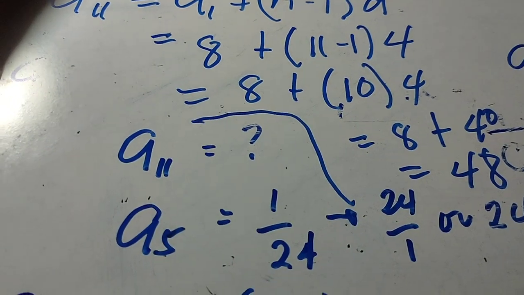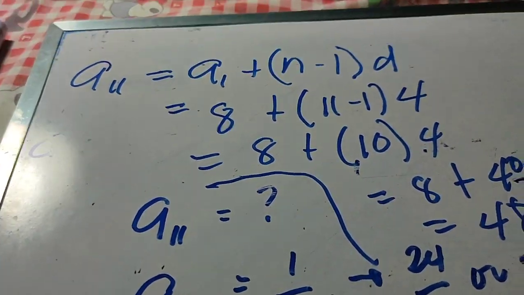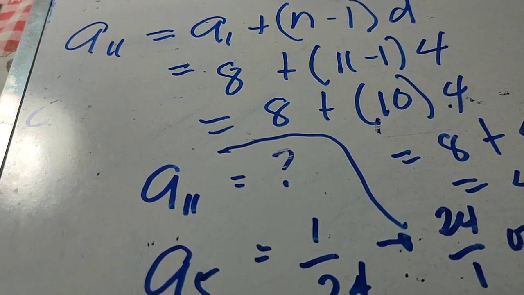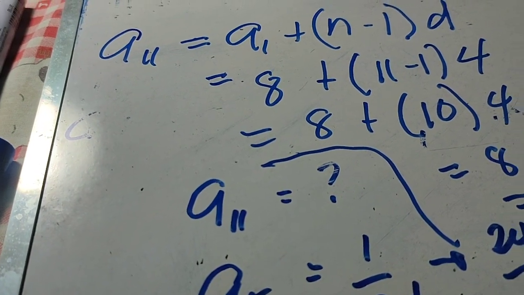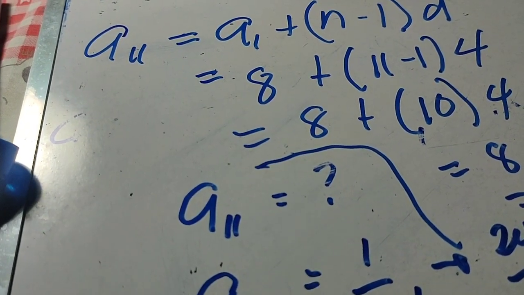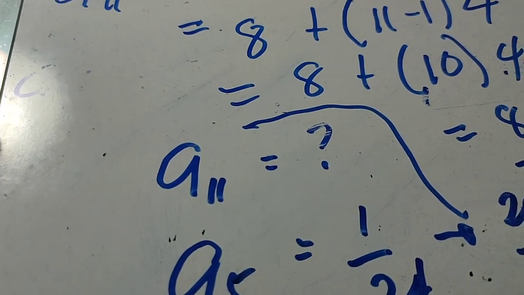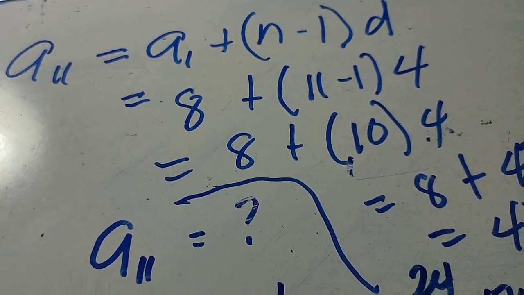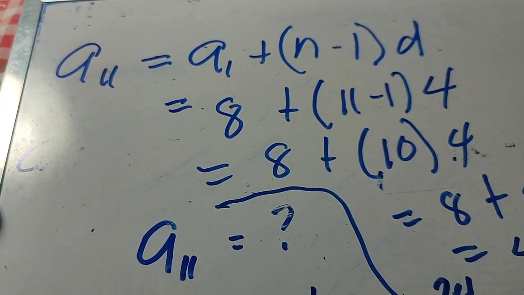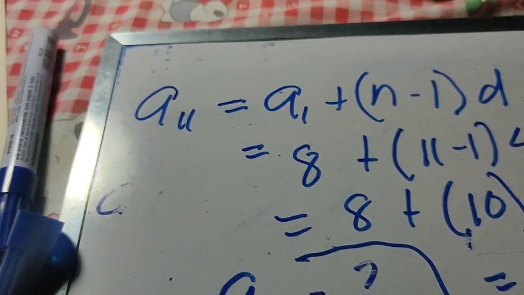And then the next one is finding the mean, which you know already, to find the mean of the harmonic sequence is just similar to what we're doing in the study of the arithmetic sequence.